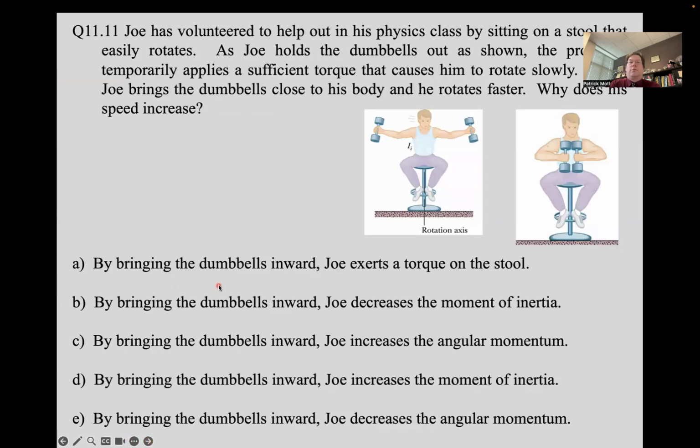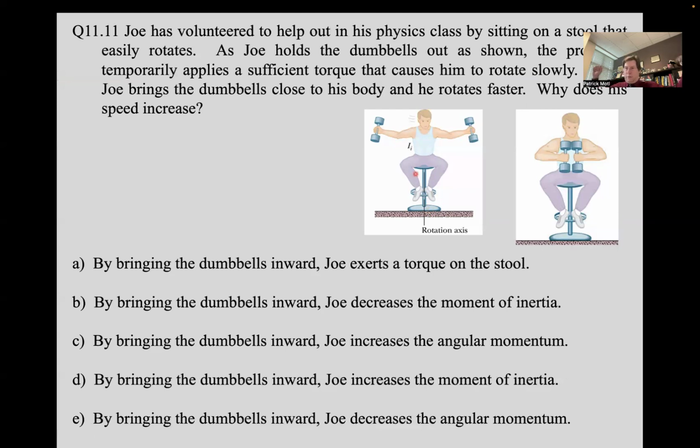So a couple questions, to make sure we have a good understanding of conservation of angular momentum. This is a classic demonstration. A physics student is on a rotating stool that has very little friction in its rotating mechanism.